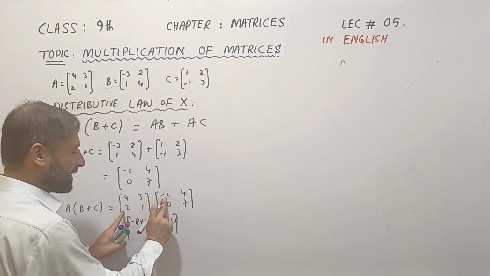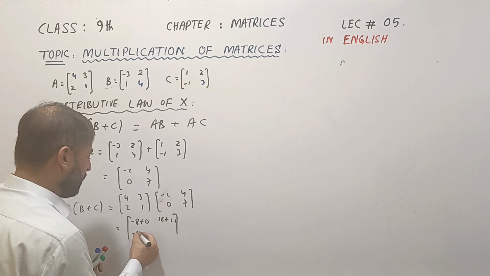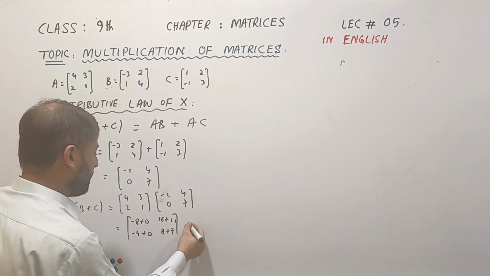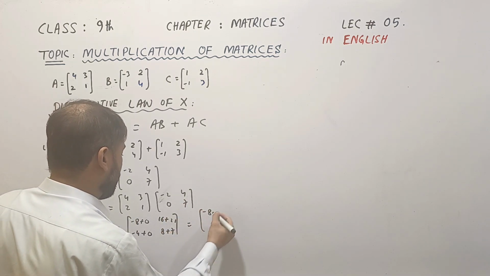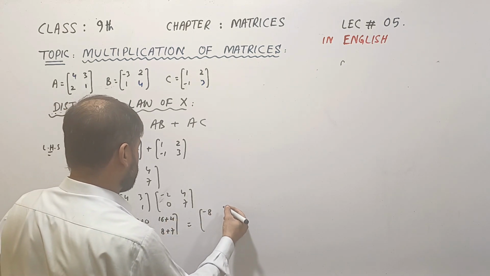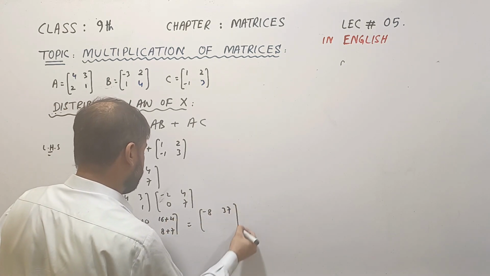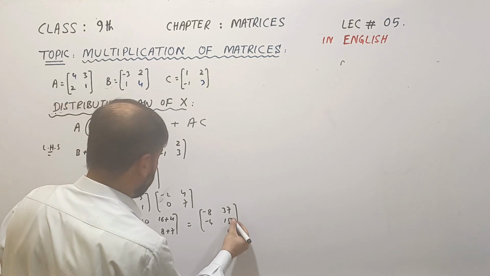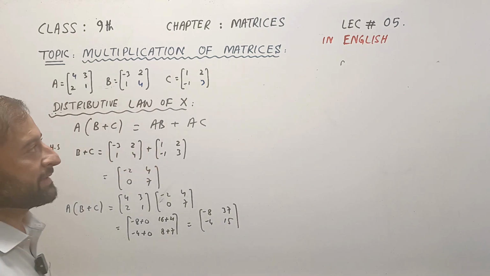These two, second row, first column: minus 4 plus 0, 8 plus 7. Minus 8, 37, minus 4, 15. This is the left hand side.